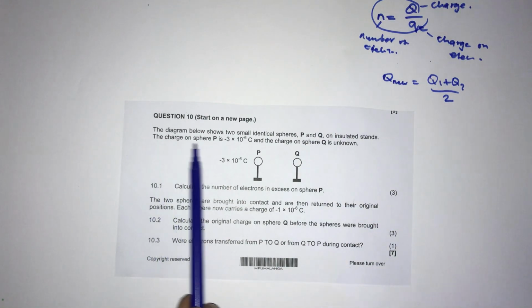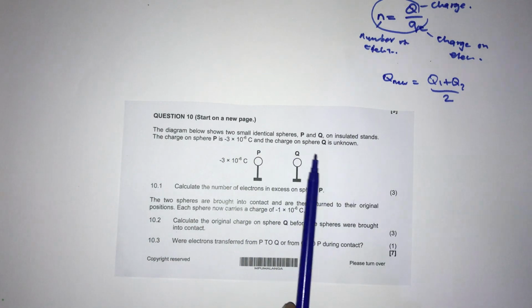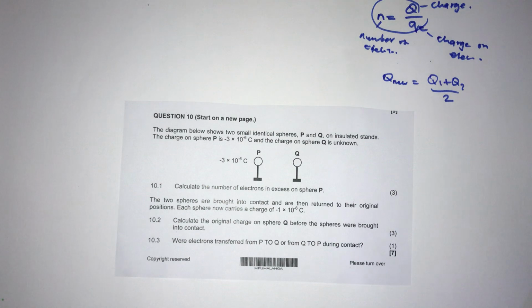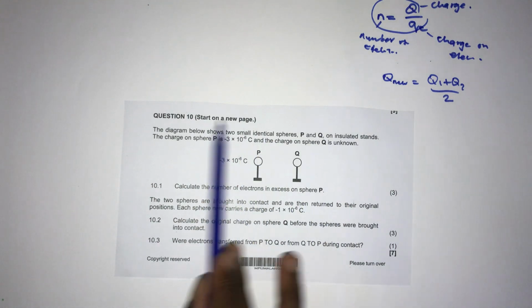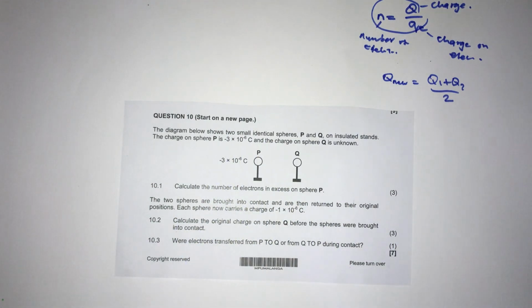The diagram below shows two small identical spheres P and Q on insulated stands. The charge on sphere P is -3 times 10 to the -6 coulomb, and the charge on sphere Q is unknown. 10.1: calculate the number of excess electrons on sphere P. We already have two formulas.